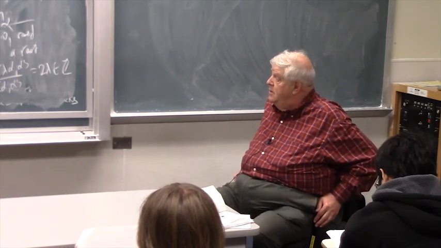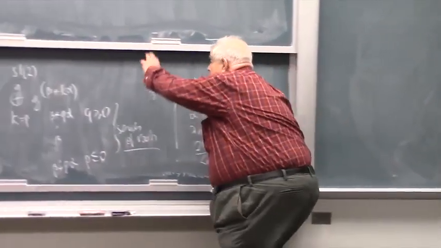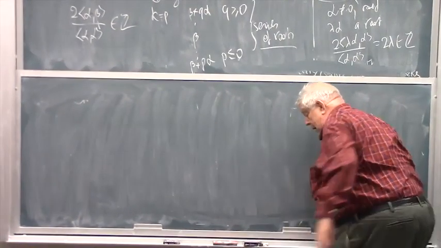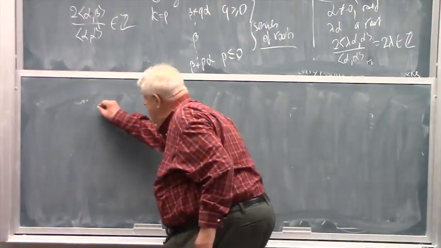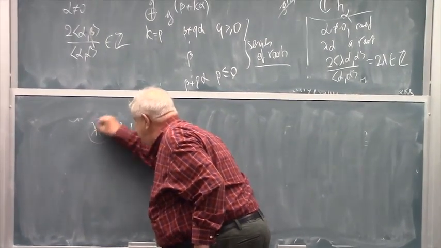Then look, we have again a root series, lambda alpha plus k alpha. This is beta.